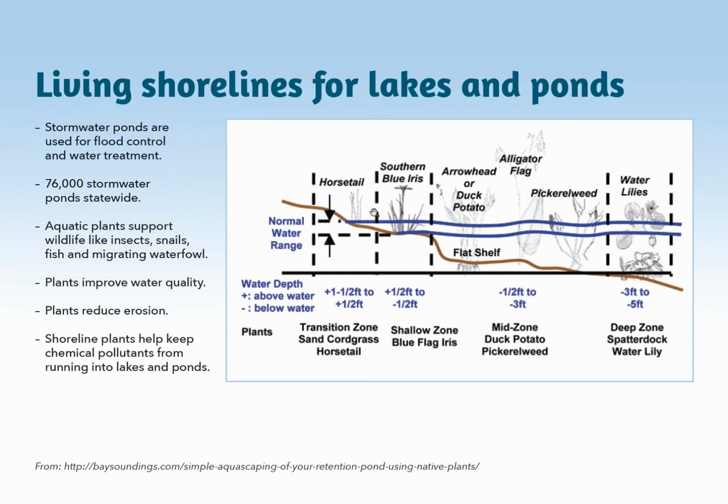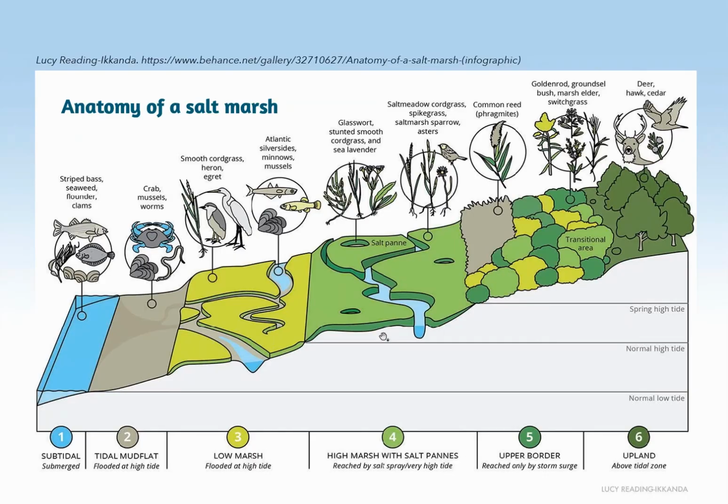These same techniques can be used in freshwater environments. So this high marsh area, there's a lot of plants that can be used in there. Like if you go out on any beach, basically, I was up in St. Mark's, you'll see different kinds of plants up in there. I don't know about sea lavender, but glasswort certainly.